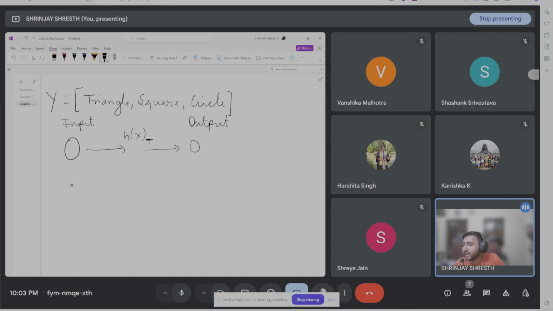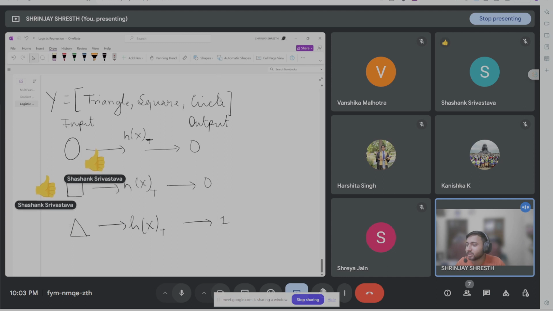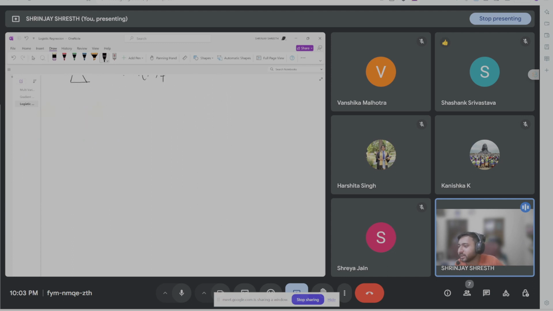If I pass this thing into our hypothesis function for triangle, will it give 0? Yes, it will give me 0. If I pass this triangle into our hypothesis function for triangle, will it give me 1? Perfect. Let us do it for some other case.